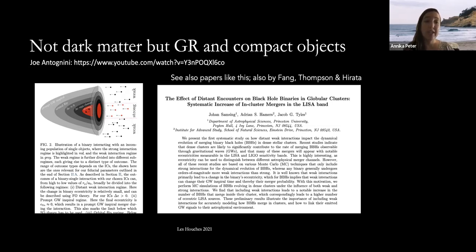What they show is that with a set of weak 3-body encounters, and by weak I mean you have a binary system and then a pretty distant encounter of another star, if you have a series of those, then you can dramatically affect the in-spiral rate for LIGO and LISA.